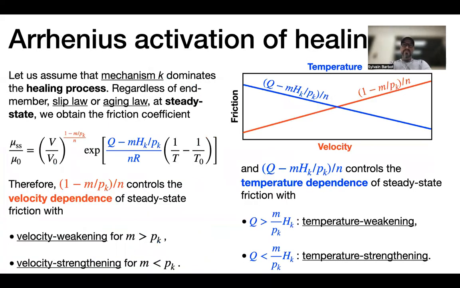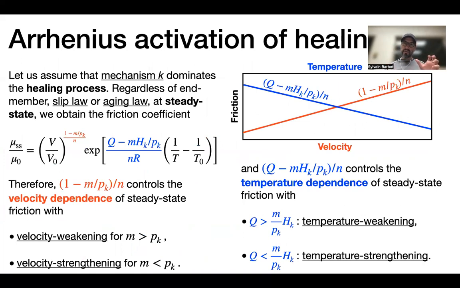So then, to understand how this model works, we can consider the case where only one mechanism dominates. So why is that important if we have many? Well, it's important because within some finite ranges of temperature, that will be the case. One healing mechanism will dominate. And in another range of temperature, another will dominate. And there will be a gradual transition between the two.